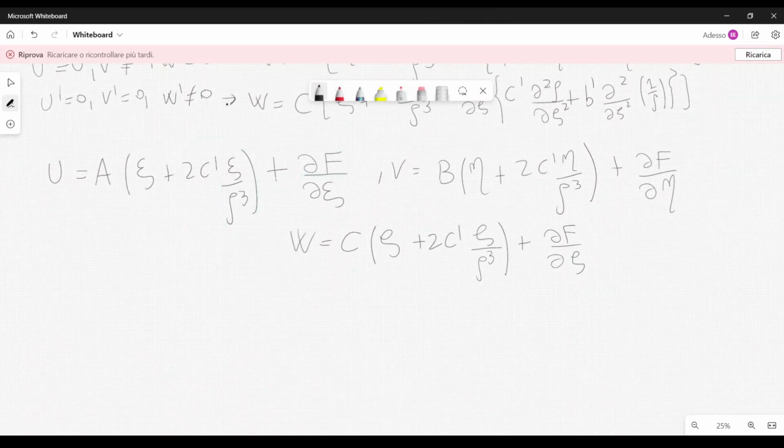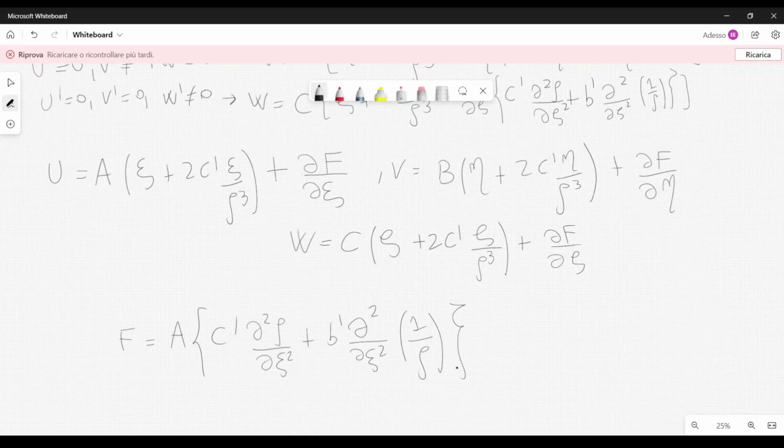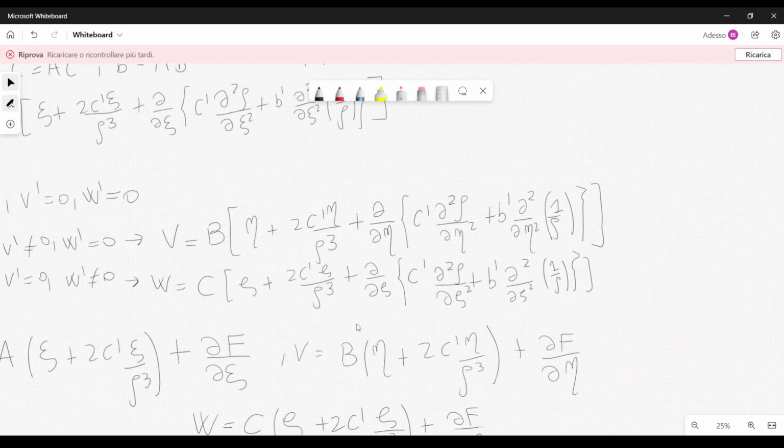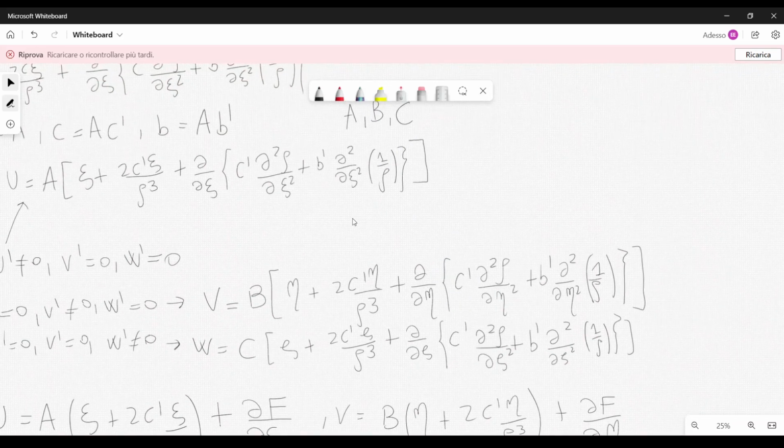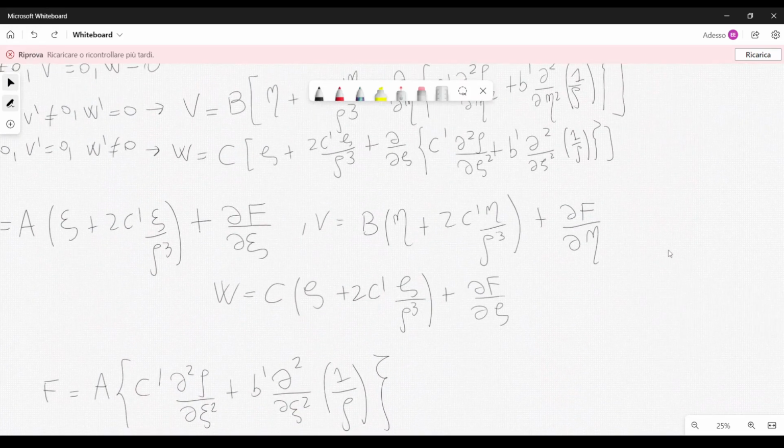So finally, we only have to write the function f. The function f is equal to a times curly bracket c prime d squared rho d xi squared plus b prime d squared d xi squared of 1 over rho. And this is the first part of the function f. So I have simply rewritten this term here. And I have to sum to that term this one and also this one. So let's do it below.